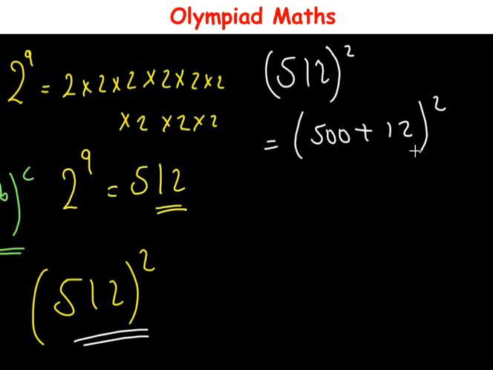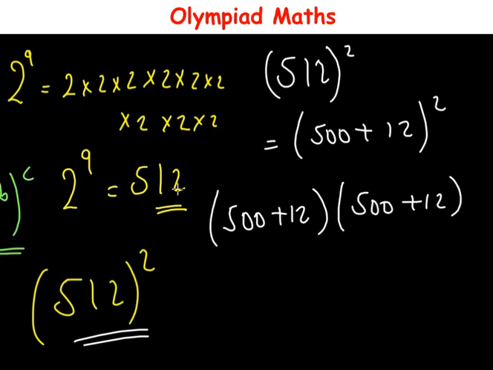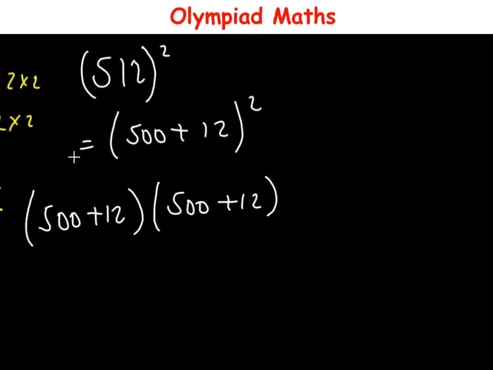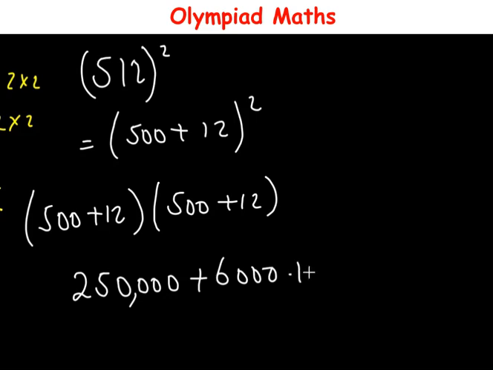And with this, we can express this as 500 plus 12 multiplied by 500 plus 12, such that 500 multiply 500, that will give us 250,000, then plus 500 multiply 12, that will give us 6,000, plus 12 multiply 500, that will give us 6,000, plus 12 multiply 12, that will give us 144.